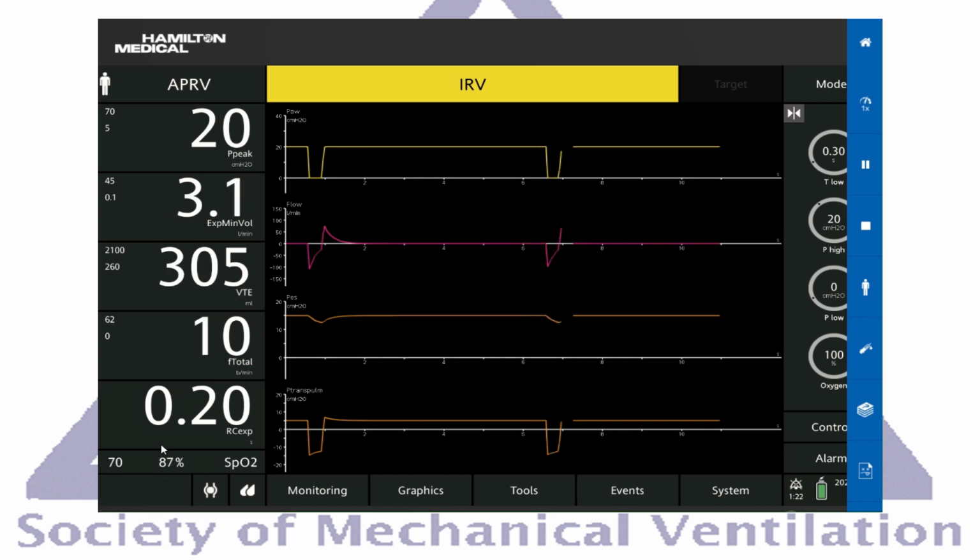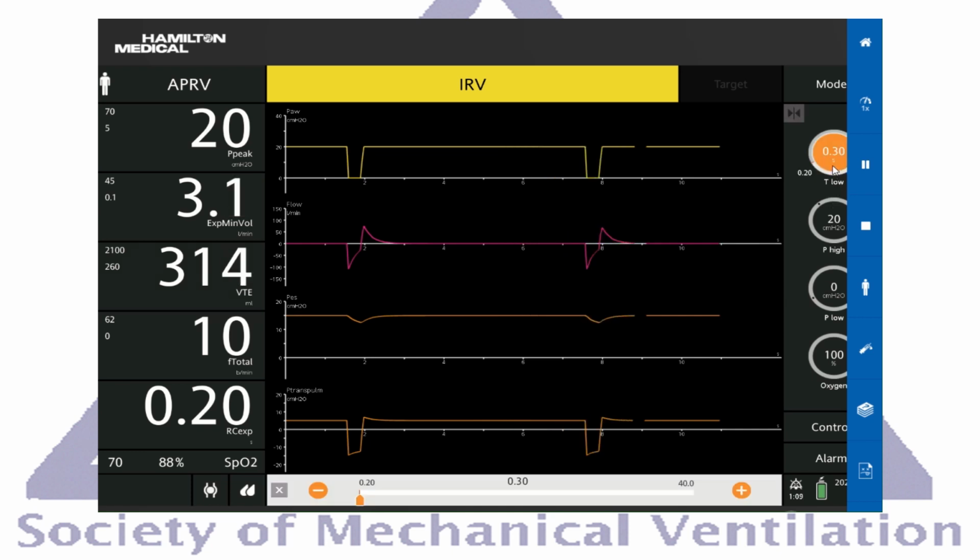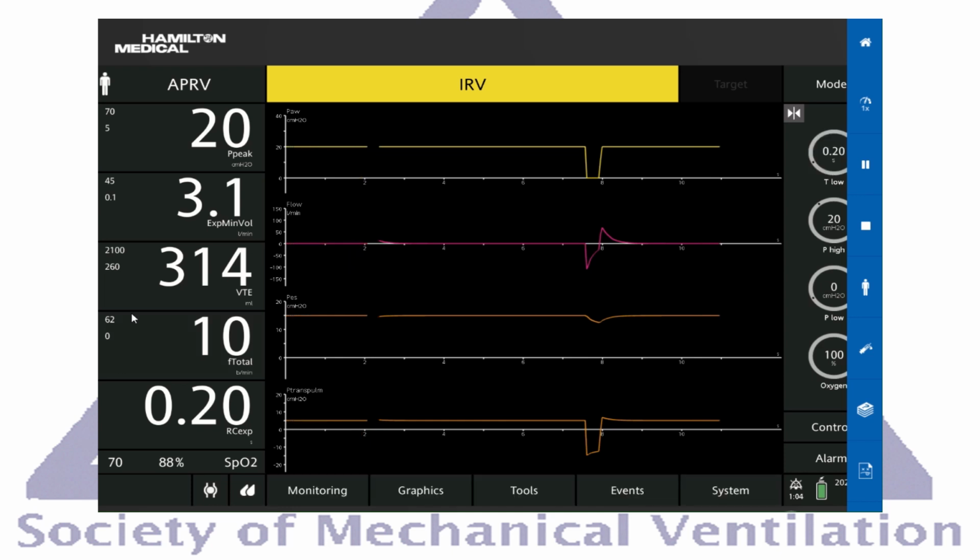And you can see the oxygen saturation is going up again slowly. The release volume is 319, and of course if you shorten the T low more, the release volume is going to drop.